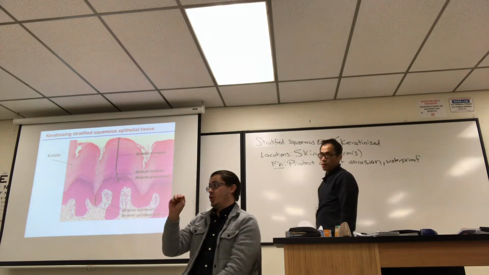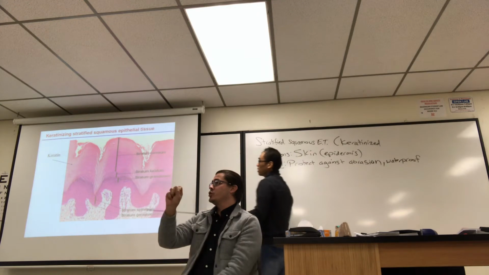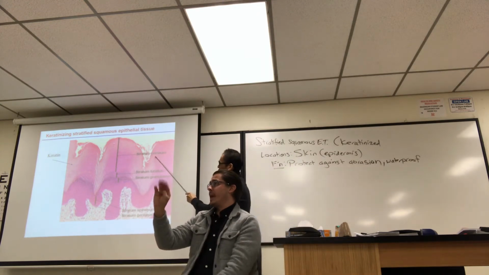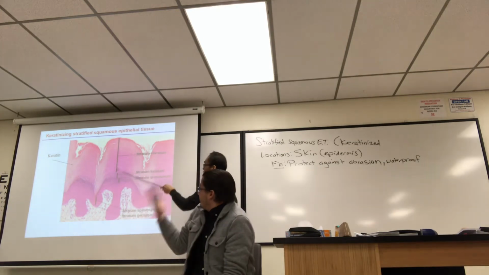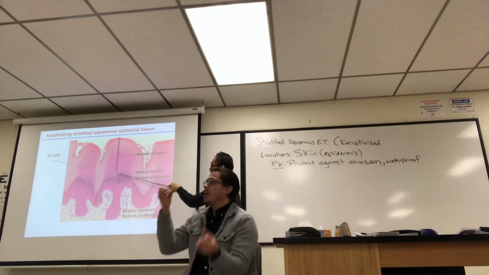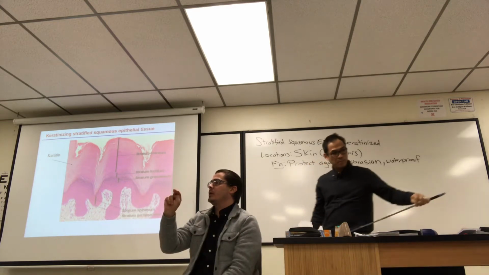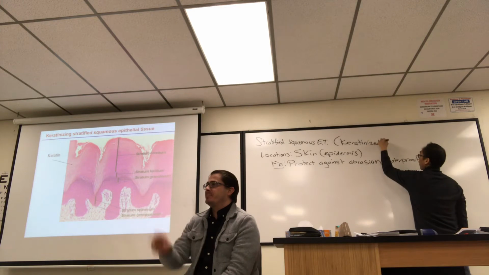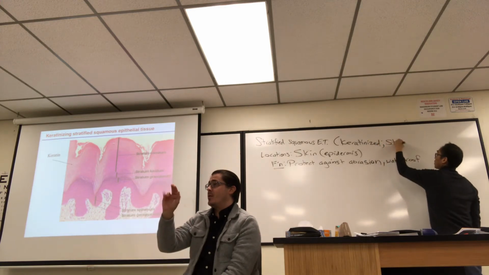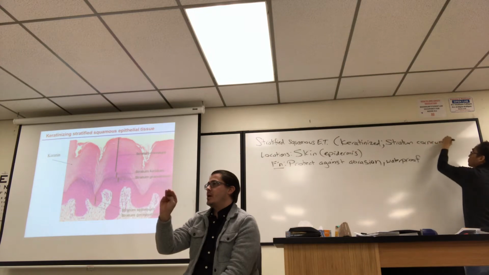The keratin part on this slide is labeled stratum corneum, which is a word that means horn-shaped, because I guess they kind of look like horns. Well, anyways, many, many layers of keratin. Stratum corneum. So the keratinized part, stratum corneum.